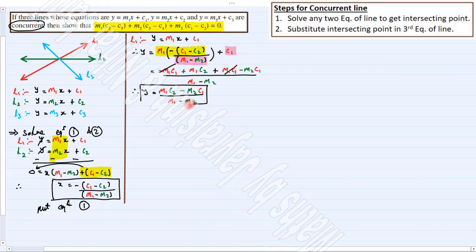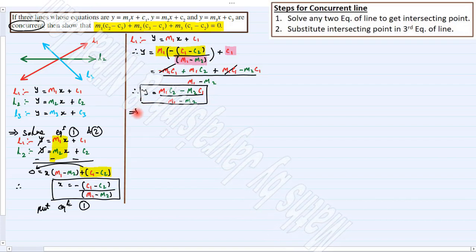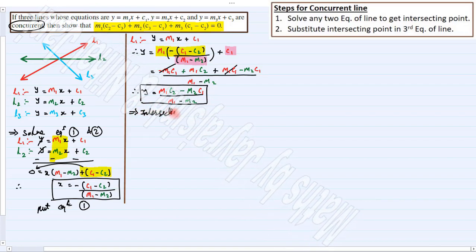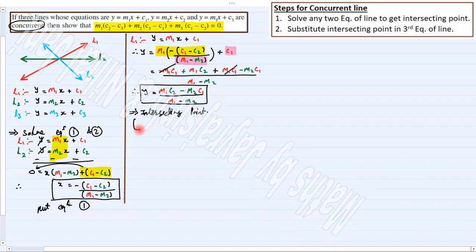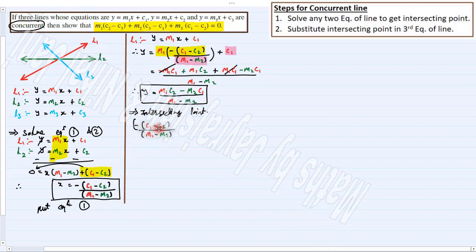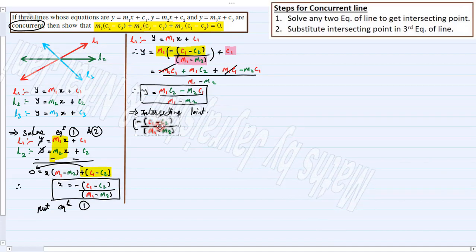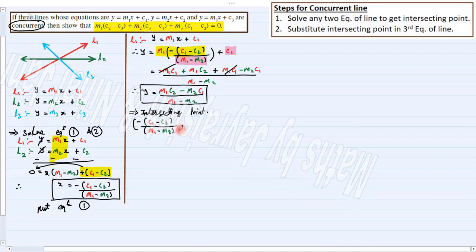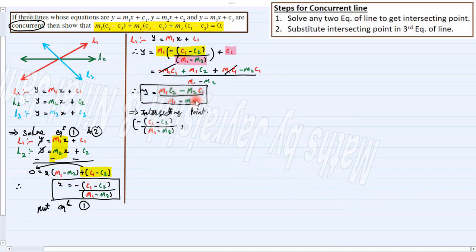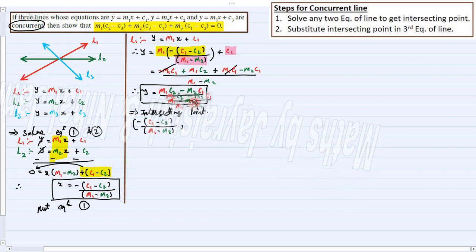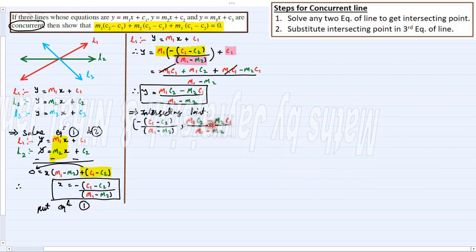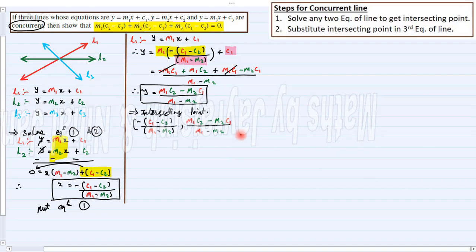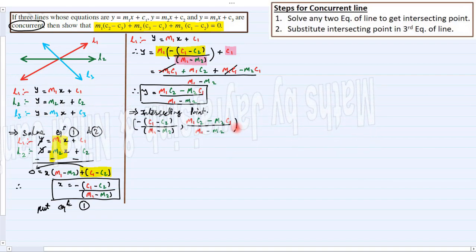as your y coordinate. So as you can see, we get the intersecting point having x coordinate as minus c1 minus c2 upon m1 minus m2, and y coordinate as m1 c2 minus m2 c1 upon m1 minus m2. Now we know the next step.